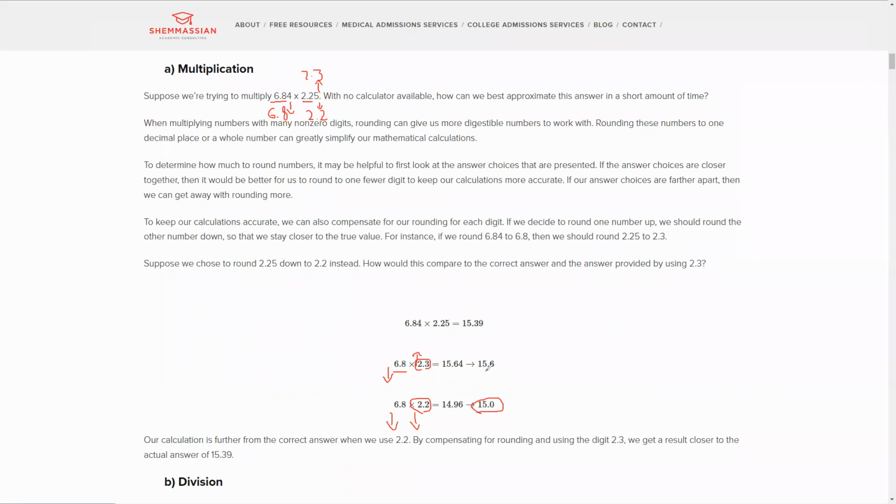By doing this one, we get 15.6. The actual answer is 15.4. Between 15 and 15.4, there's a 0.4 difference. Between 15.6 and 15.4, there's only a 0.2 difference. So which was the more accurate rounding, rounding up or rounding down?